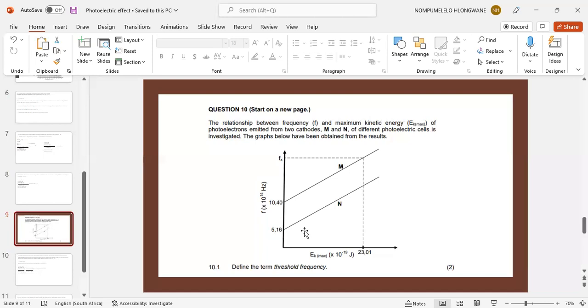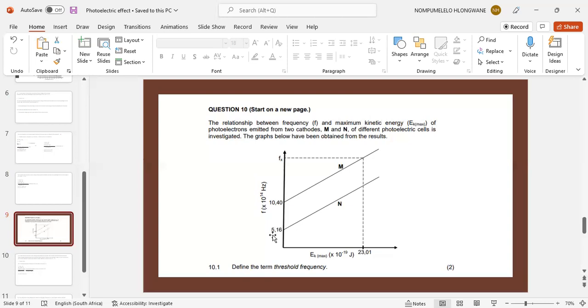So the kinetic energy of the ejected electrons will definitely be 2 times higher than the minimum energy that they would have had after being ejected using this frequency.